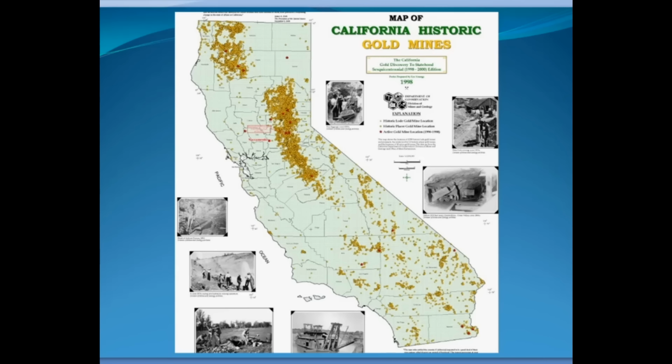Here's a map of historic gold mines in California, and you can see that they're not just scattered randomly across the whole state in every area, but concentrated in clumps here and there, with, of course, the largest clump being the Mother Lode zone area on the west side of the Sierra Nevada range, and then the Klamath Trinity area up in the northwest part of the state.